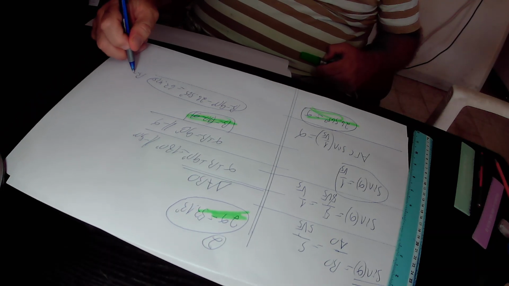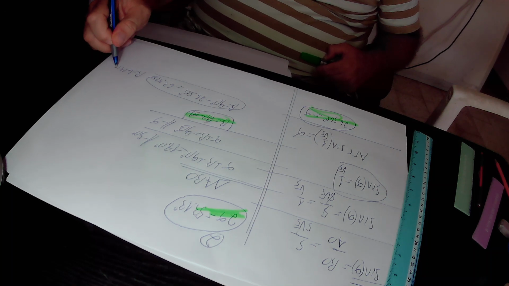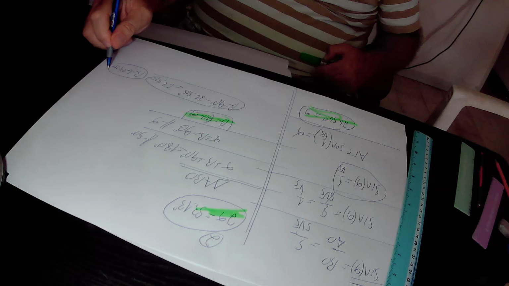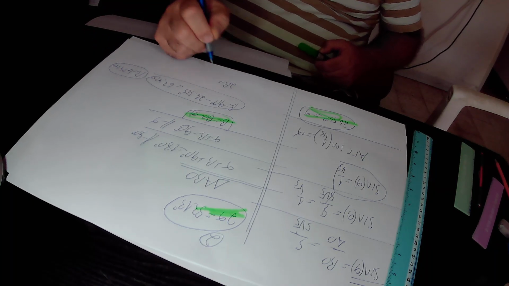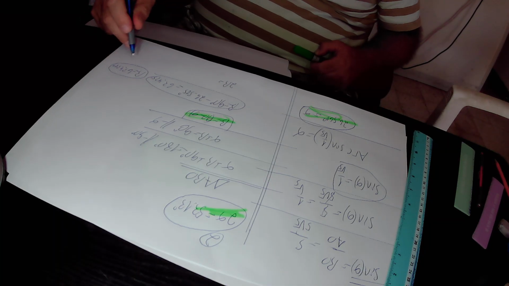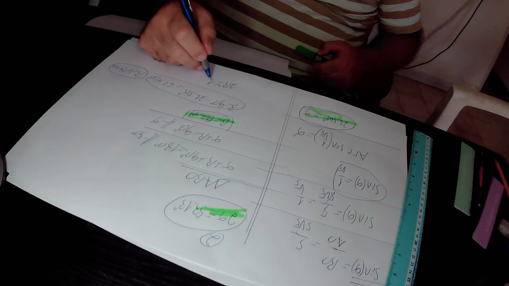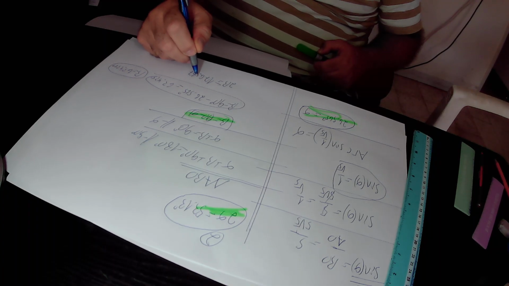Angle beta equals 63.435 degrees in size. Therefore 2 beta equals 63.435 degrees times 2, which is equal to 126.87 degrees.